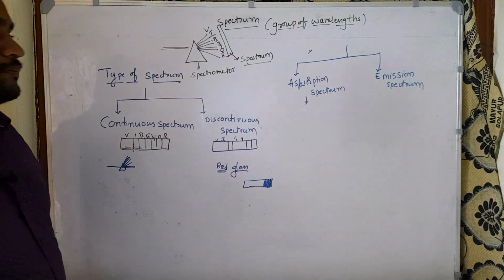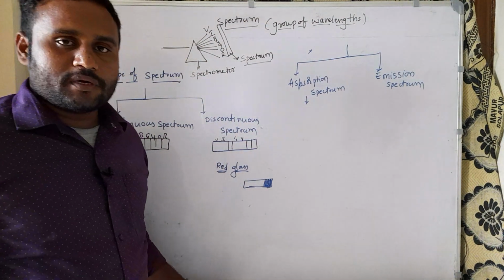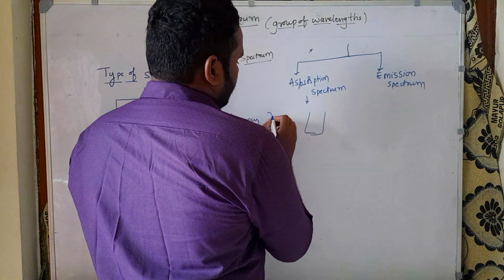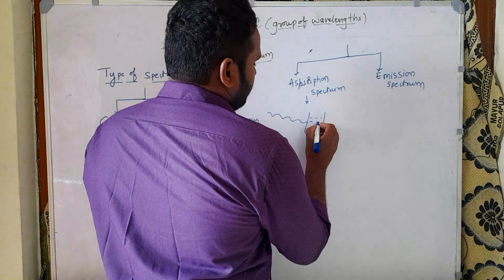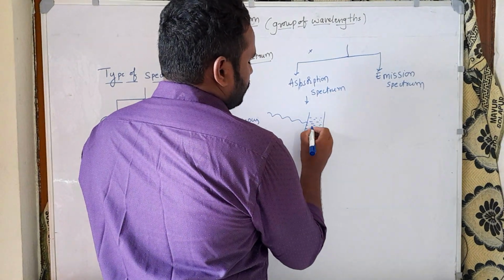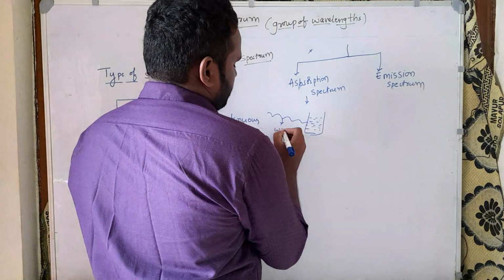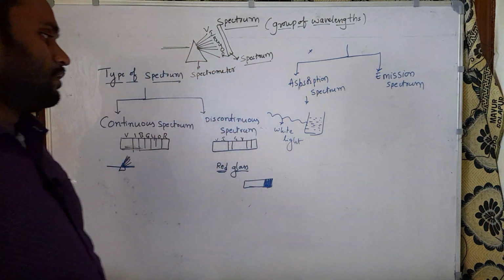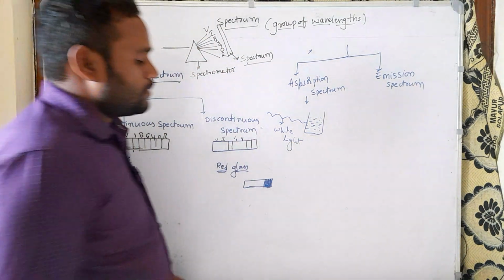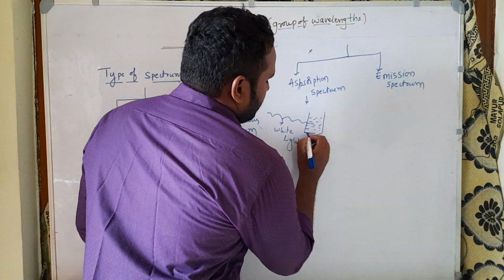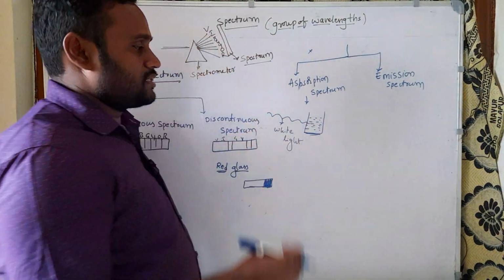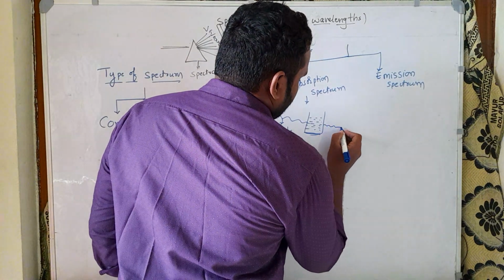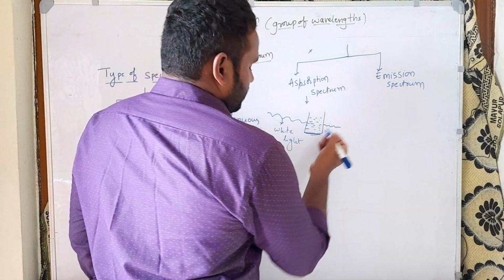So what is absorption spectrum? Absorption spectrum is nothing but when you pass a light through a sample, when you pass a white light through a substance, this substance is going to absorb some of the radiation, absorb some colors in this white light, and it is going to transmit some colors from this solution.